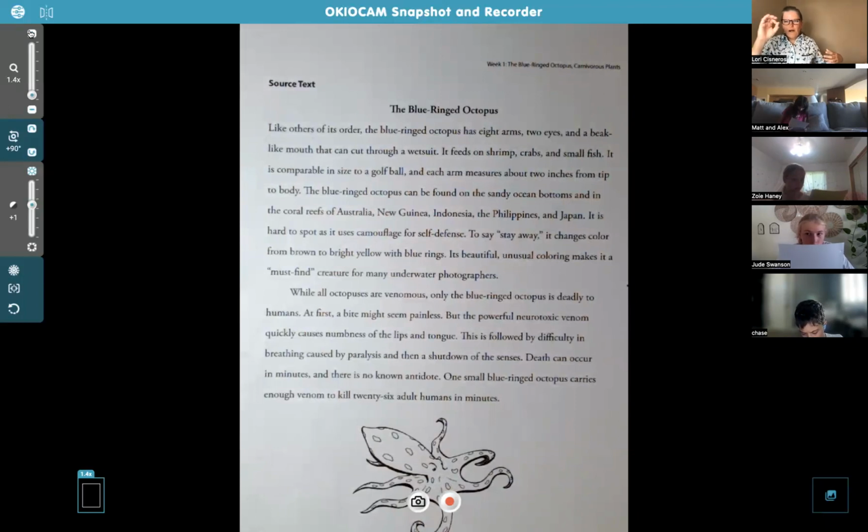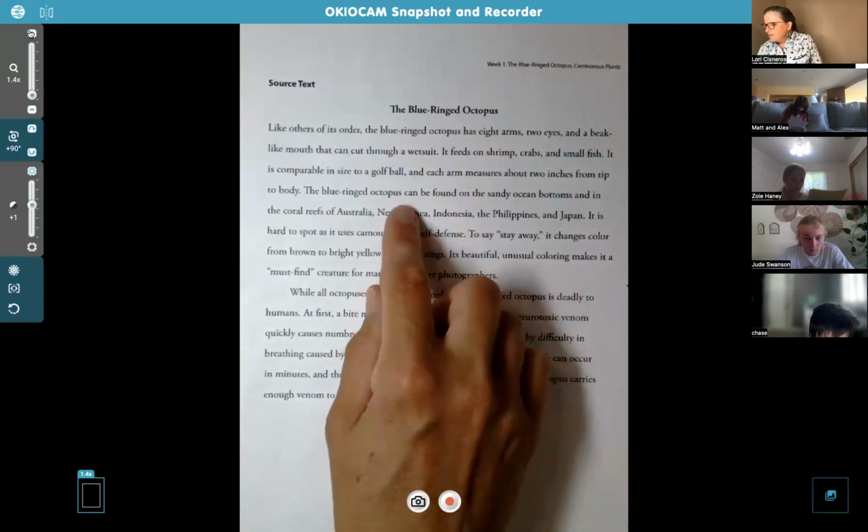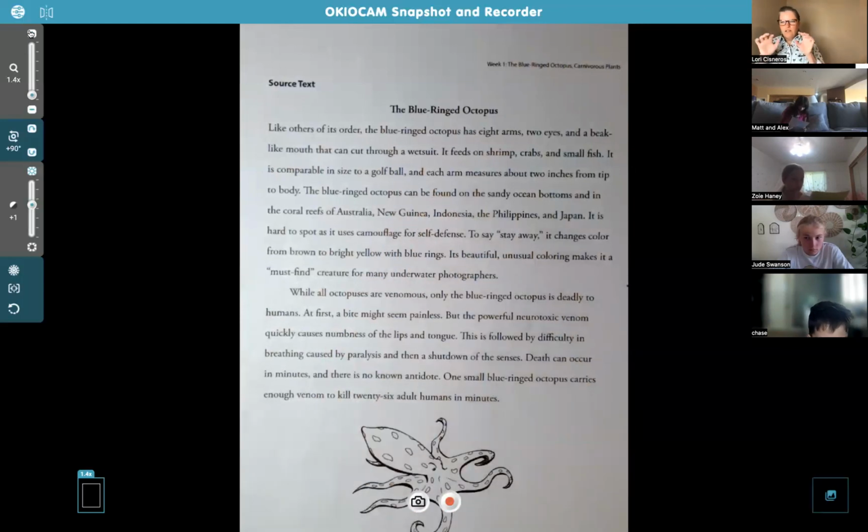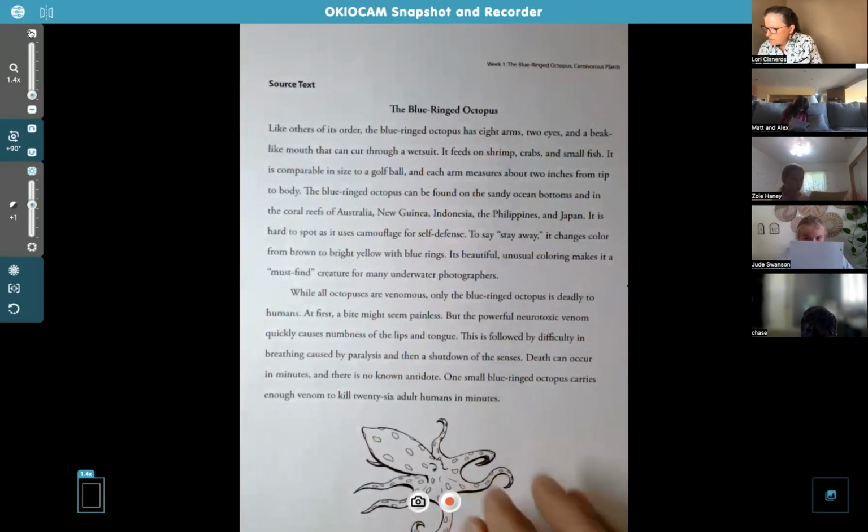But we're talking a golf ball. That's like, it could fit in the palm of your hand. And the mouth of this guy can bite through your wetsuit. So, wow. Okay. So now 2 inches are his legs. That's pretty short. That's like the size of your pinky, or at least my pinky. It's about 2 inches long. So, yeah. Okay. Small guy.